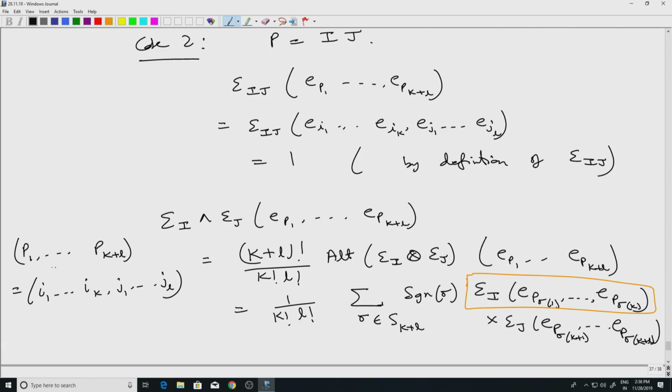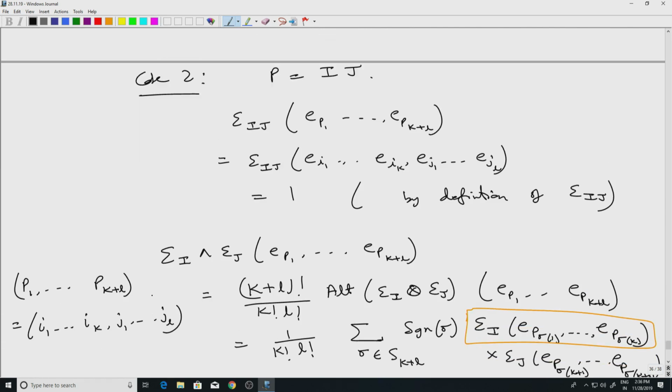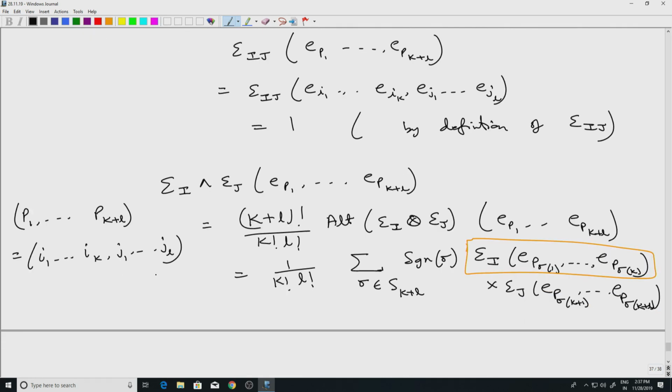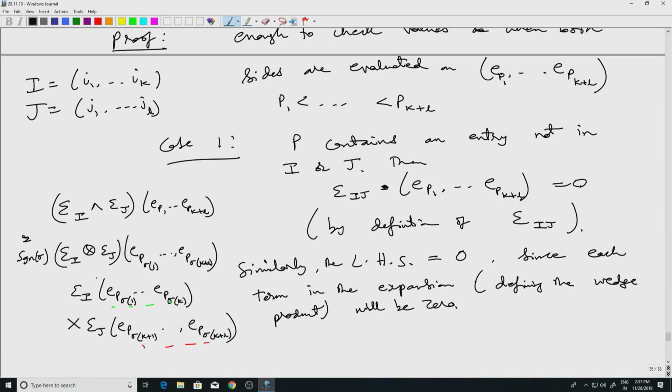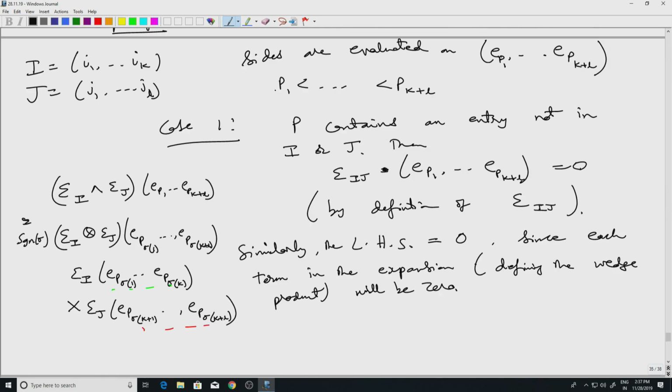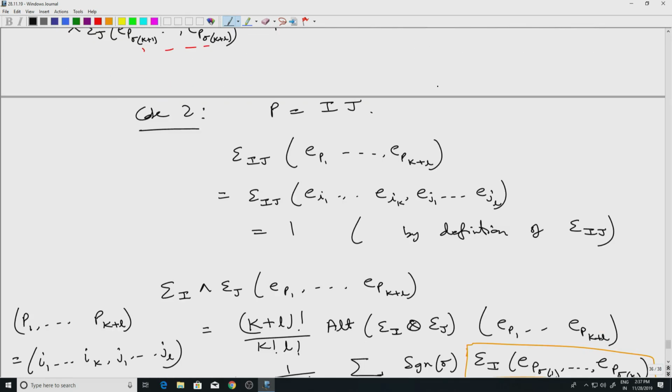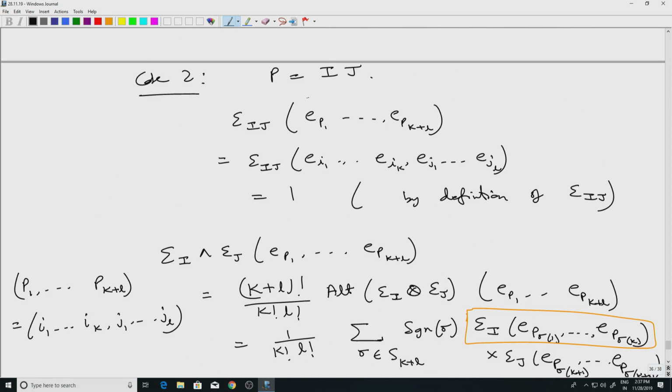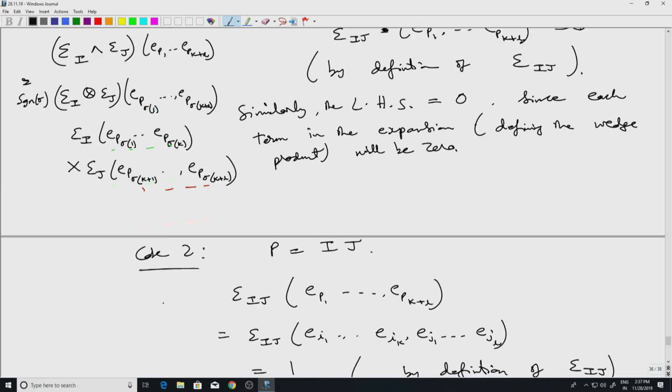So in this specific order, p1 up to p_{k+l} is this. Now here, if I want to be consistent, I cannot insist on this strictly increasing ordering, because that does not fit into this concatenation, as we observed earlier.